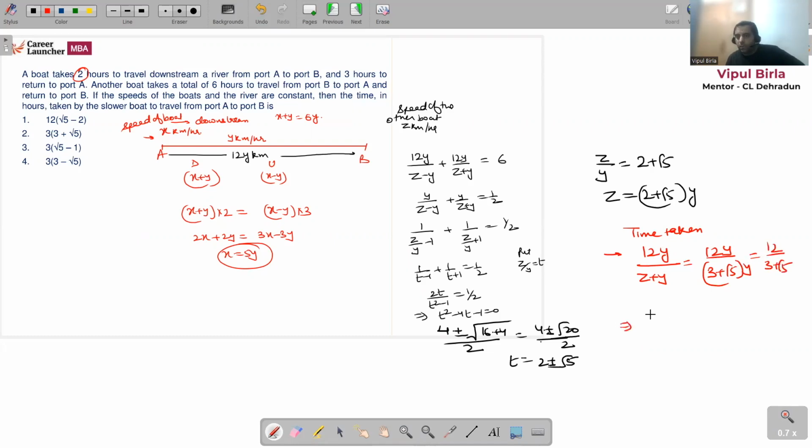Now rationalizing the denominator, 12 upon 3 plus root 5, and using a square minus b square, we get 9 minus 5, which is 4, giving me 3 into (3 minus root 5), which is the answer to this question.